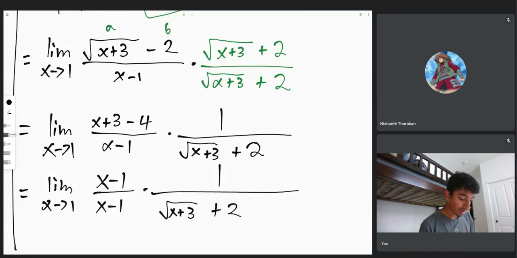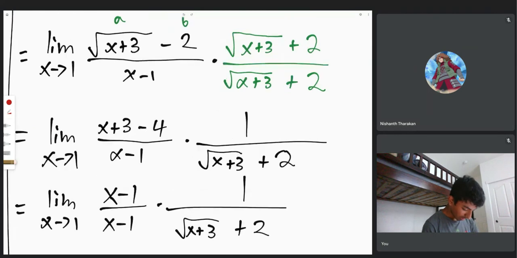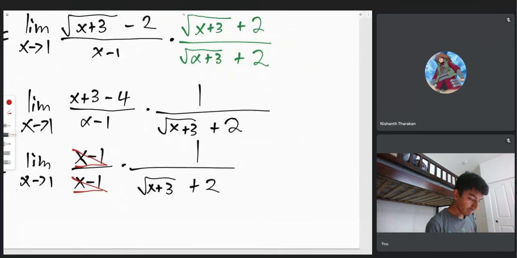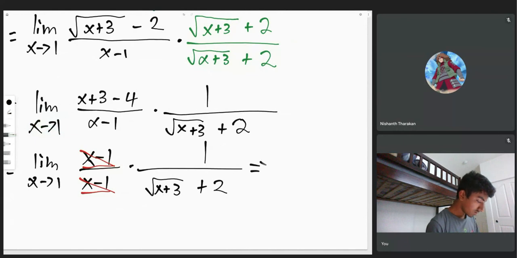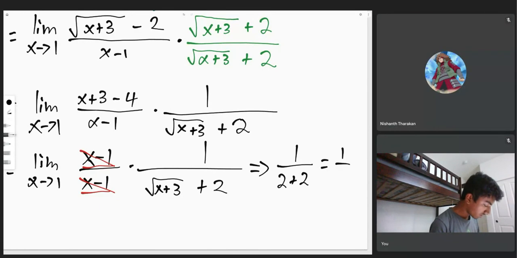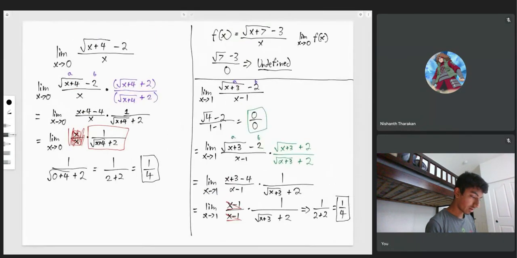We have now found our common factor. It's this x minus 1 over here. That's what's causing our 0 over 0. And to take care of that, we will delete it. And we can now solve. So plugging in our values now, we get 1 over 2 plus 2, which equals 1 over 4. There you go.